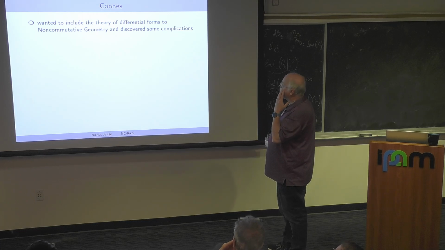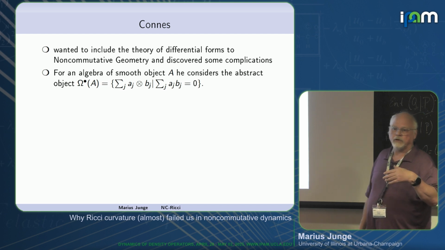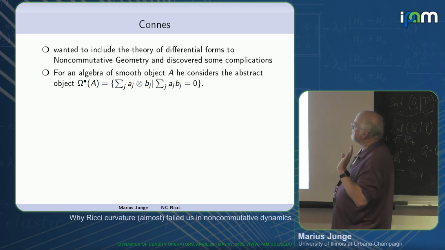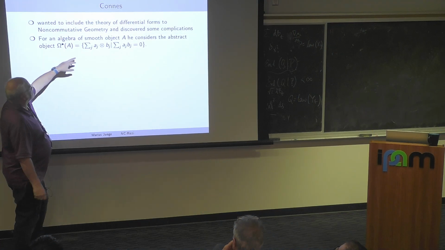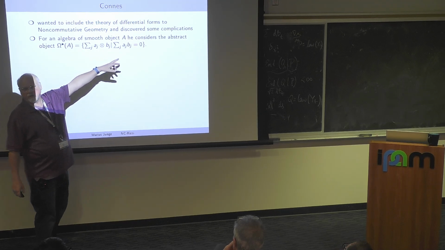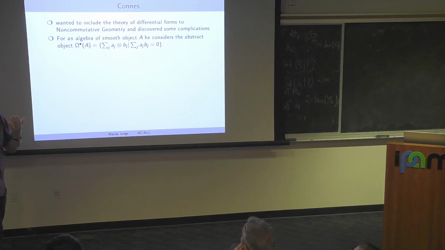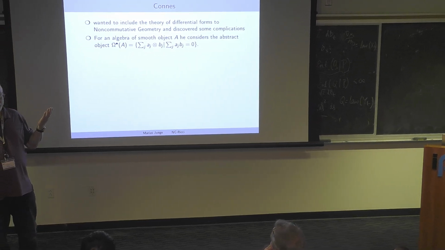You give yourself an algebra A. You should think of this as an algebra of smooth functions, not the C-star algebra. And he defines an abstract object, Omega^1(A), sitting in A tensor A, the sums of tensors a_j tensor b_j where the sum of a_j b_j is 0. And he says, this is my abstract space of differential forms. Cool, right? Or frightening, or whatever.